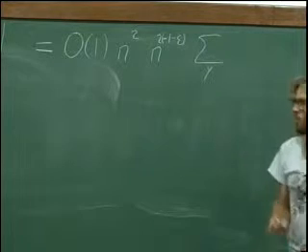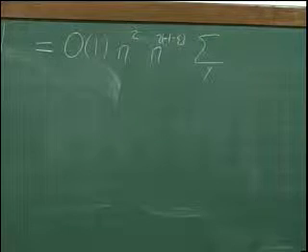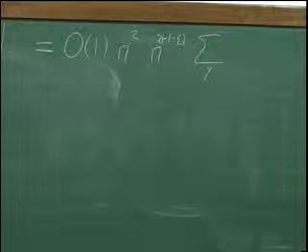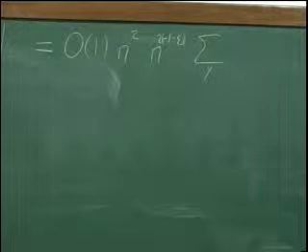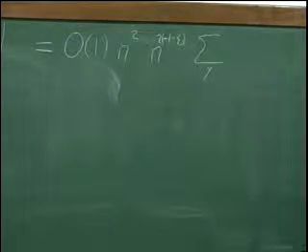So now we want to sum over y in a clever way. Here's the origin. Where's y? Well, we need to worry about what y is because we have to take care of the distance from y to the origin.